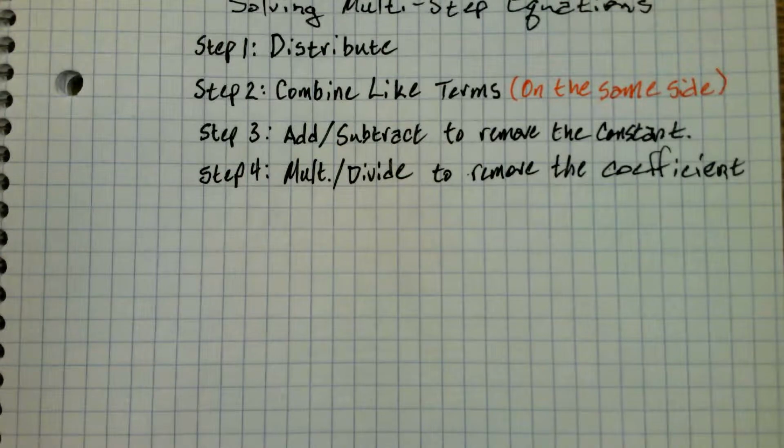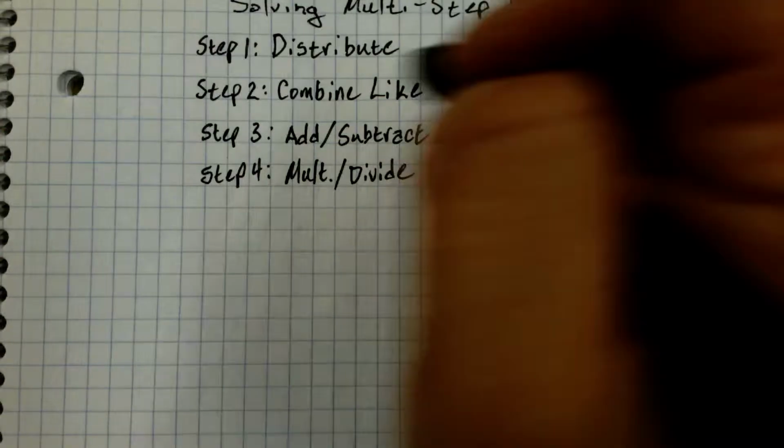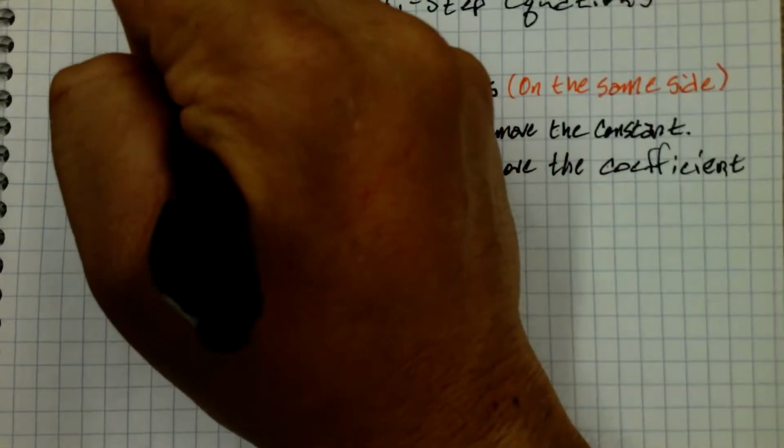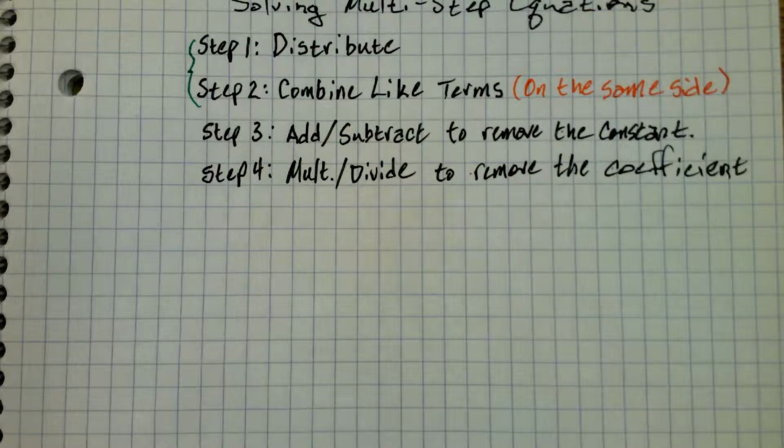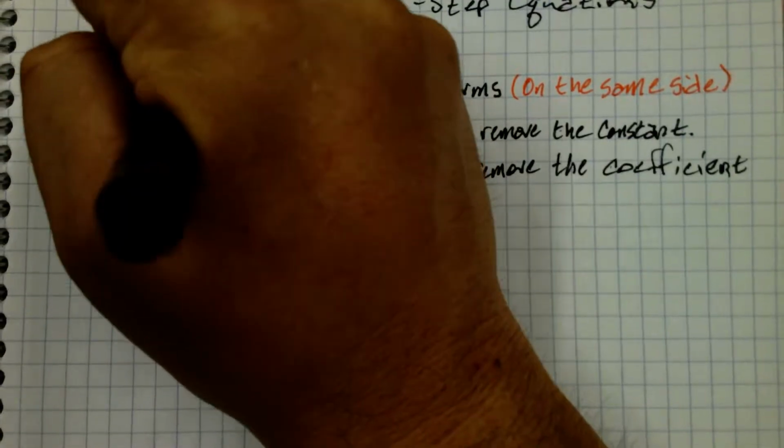So I'm going to go ahead and point out that these 2 steps, step 1 and 2, are used to simplify. It's not really in the process of solving. It's just getting your equation that's big and messy down to a manageable size. So this is simplifying.